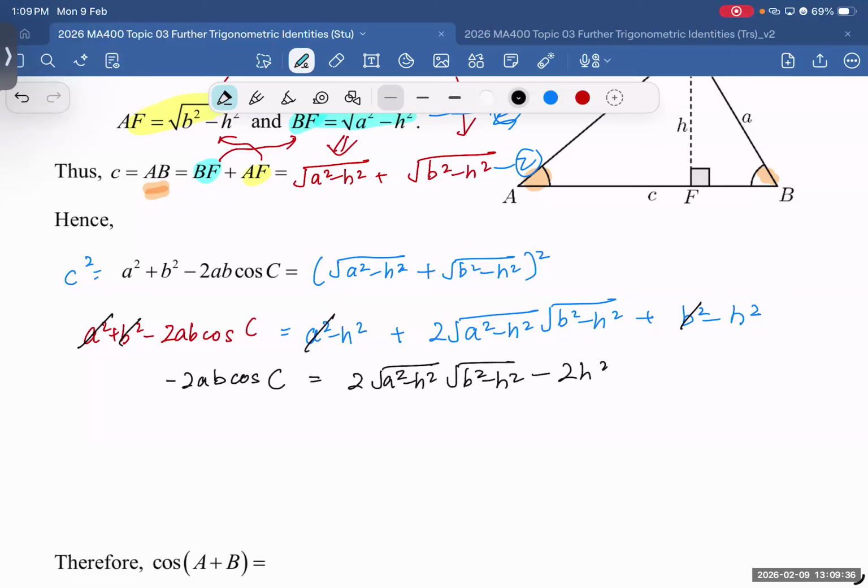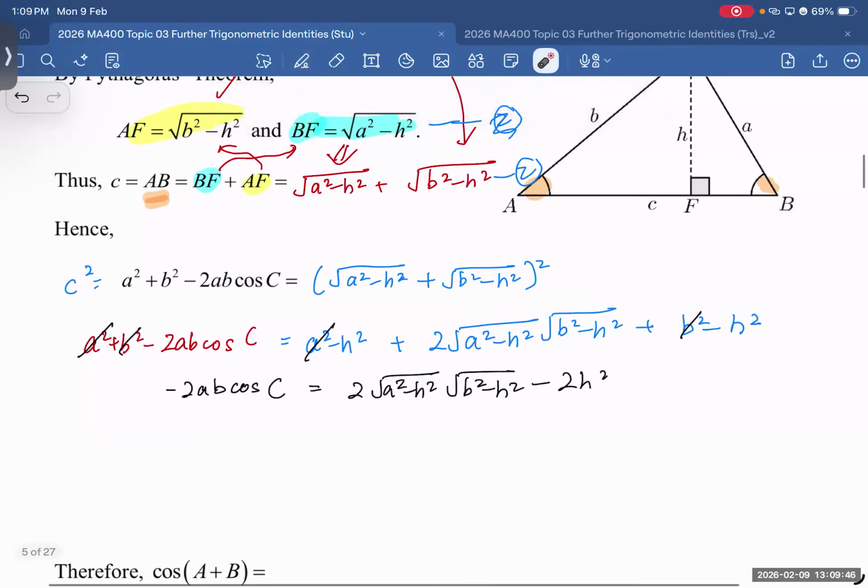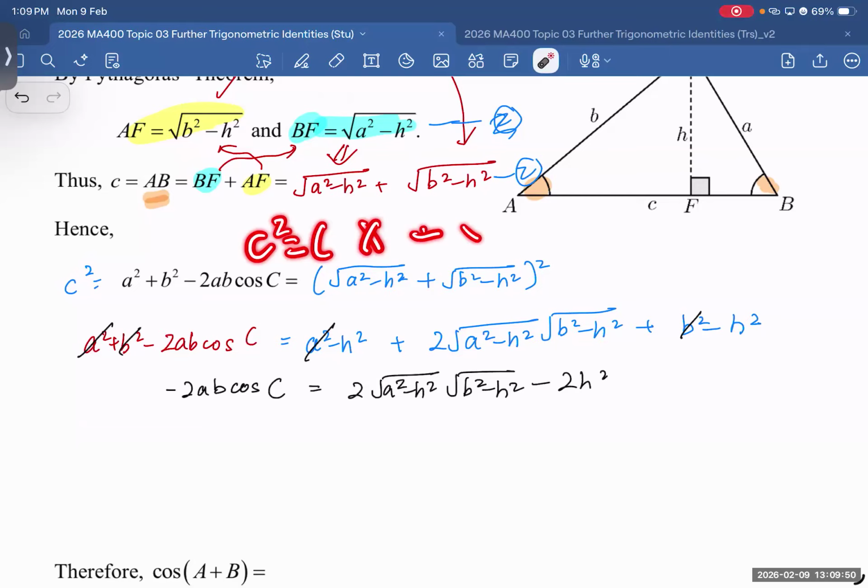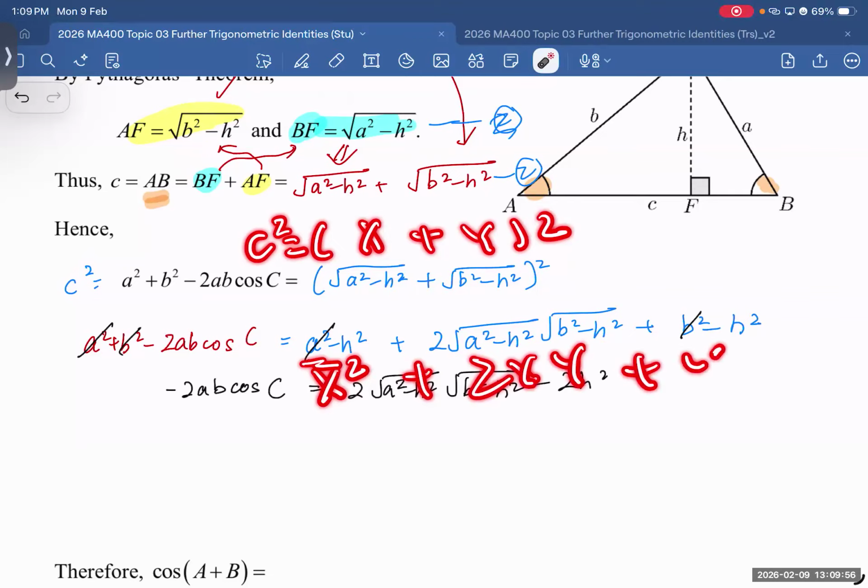Is this okay with you all? Hope so far. I'm recording this so you can watch it many times. Again, if you didn't catch, this is c squared. So c squared is (x plus y) bracket squared, which is like x squared plus 2xy plus y squared. Okay, that's why I'm doing this.